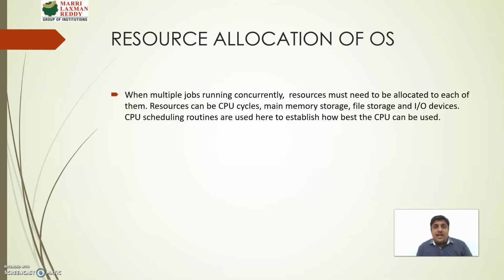So let us go to the next common service of the operating system. As we all know, all the recent operating systems are multitasking operating systems, wherein multiple jobs will be passed to the kernel or operating system, and in order to respond back, it has to properly allocate the resources to all the requests raised by the end user.